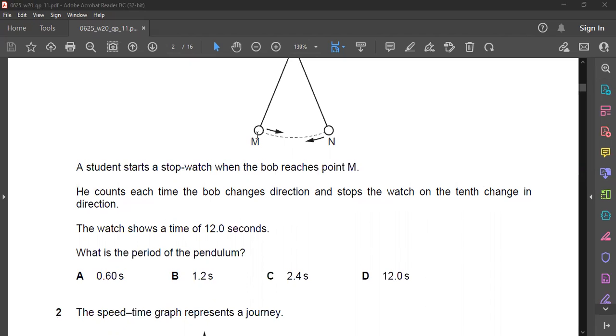You can count. Remember, from M to N and back to M is only one complete oscillation.